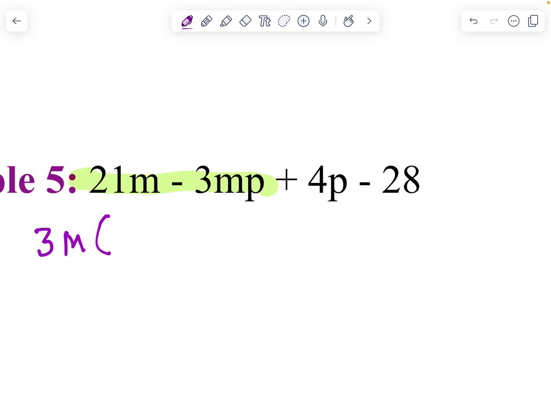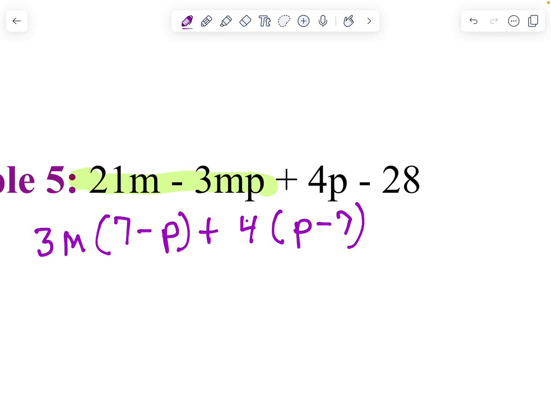What's left over is 7 minus p. And then on my next one, I'll factor out a 4, and I'll get p minus 7. Notice, they're not the same, are they? They're close to being the same.